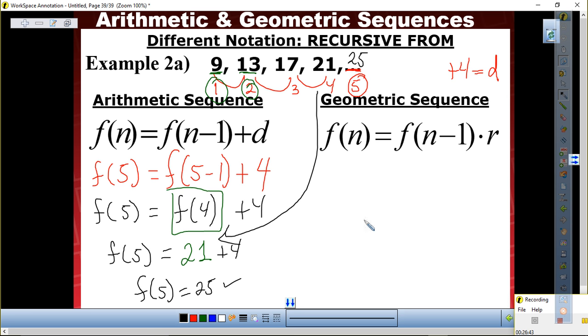Okay, did everybody copy this? Okay, copy that, please. And then I want you to copy the second formula, because we're going to do an example for that. Copy that, please. All right. So, for arithmetic sequence, it's a common difference, and that's what we got there. Thank you. So look at this next sequence.